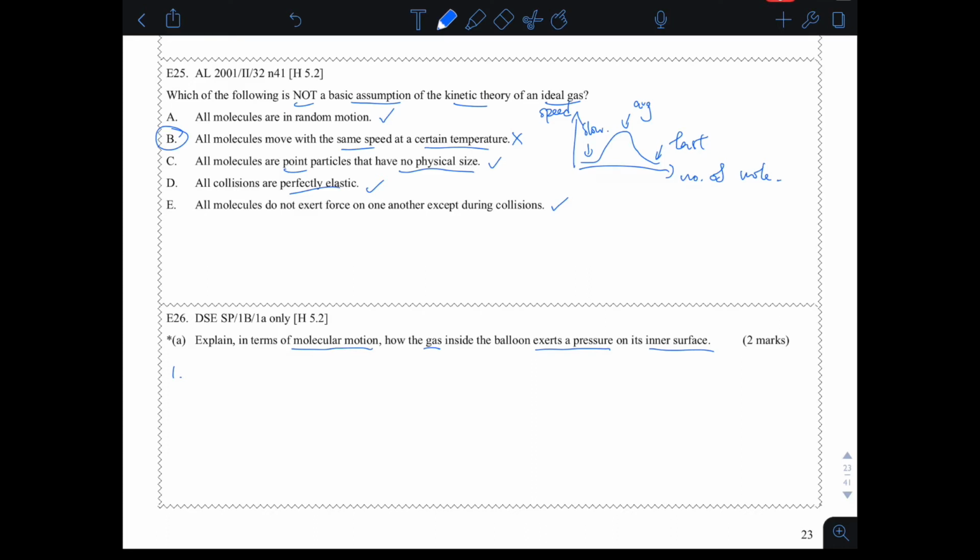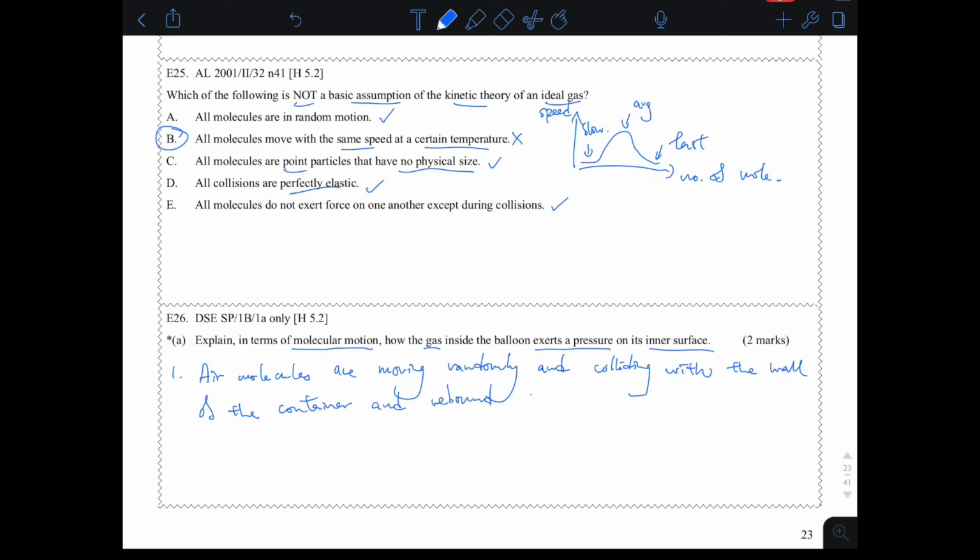Then we have to mention the gas, the air molecules, are moving randomly and colliding with the wall of the container and rebound elastically, and therefore resulting in a change in momentum.